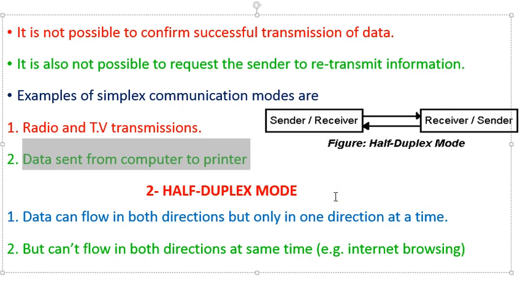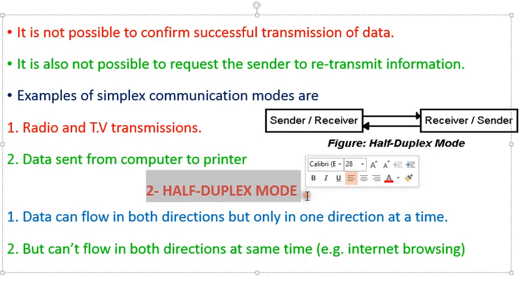When you are done with your typing and you want to print, you can send the file to the printer for it to print for you, but the printer cannot send back information to you. It can only receive. So that is what we call the simplex mode of data transmission. The second one on the list is the half duplex mode of data transmission.